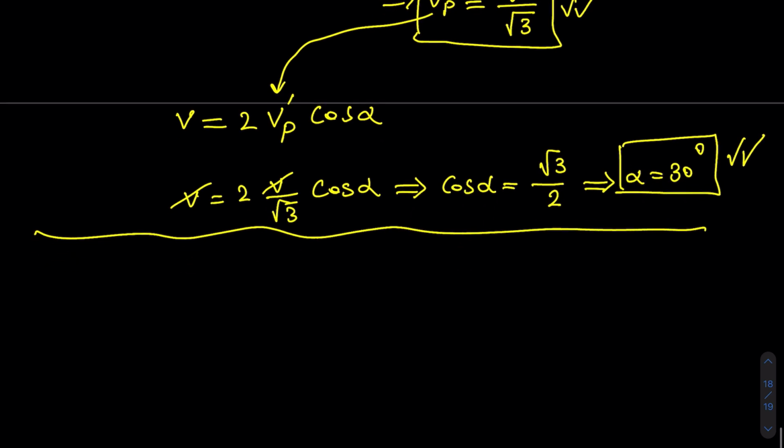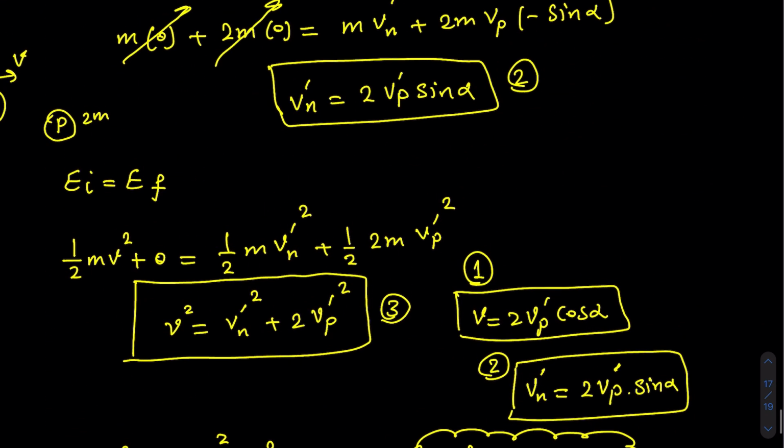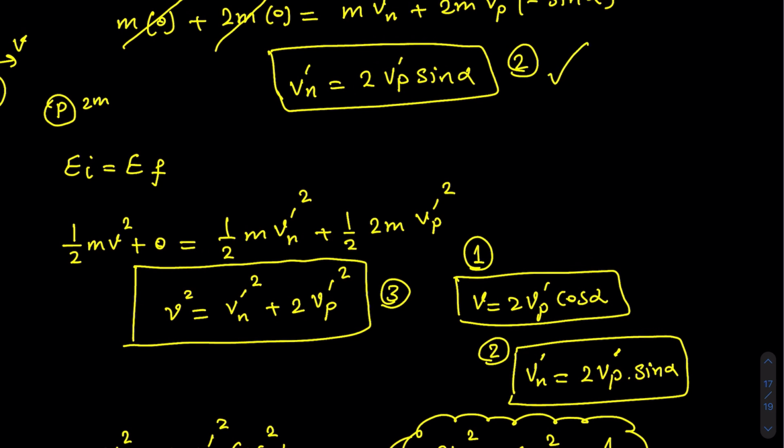This is part B. The velocity of particle after collision is equal to the velocity of the nucleus divided by square root of 3. So this is one, but we don't have the velocity of the nucleus after collision. So we will get back to the second equation that we obtained at the beginning of this analysis, which is the relationship between the velocity of nucleus after collision and the velocity of particle after collision.